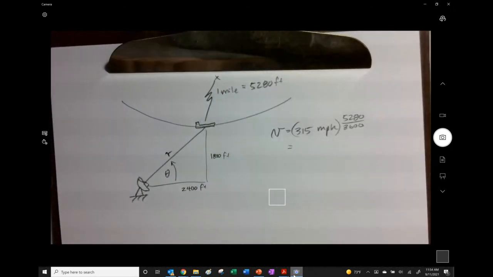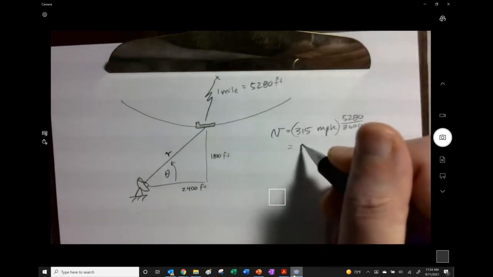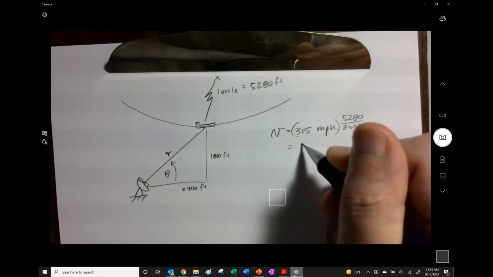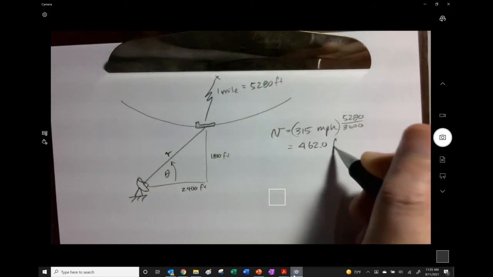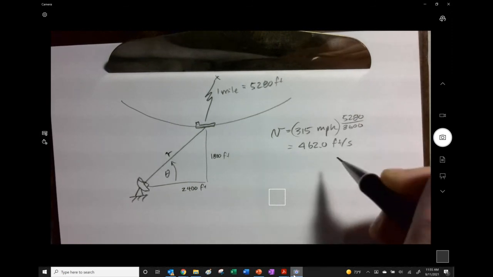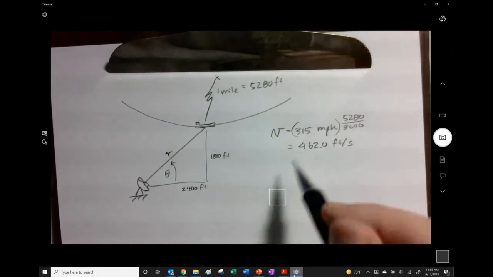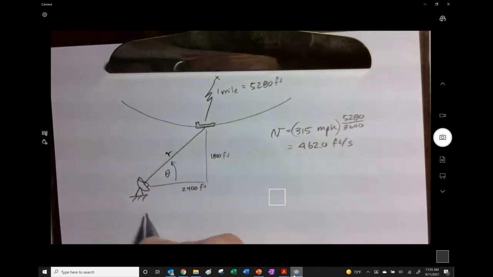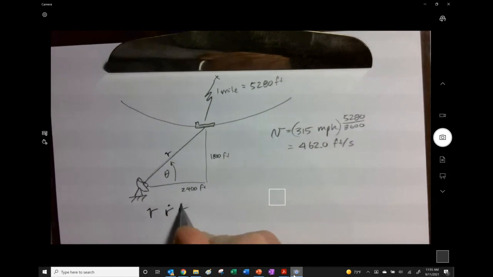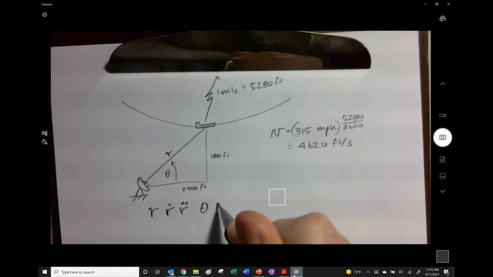We've done that a bunch of times, so we're kind of used to it. 5280 times 3600, boom, and we should get 462 feet per second, if I did that right. Sure. And the variables of interest are the things that we're going to want to find.